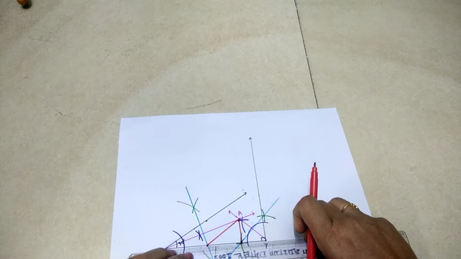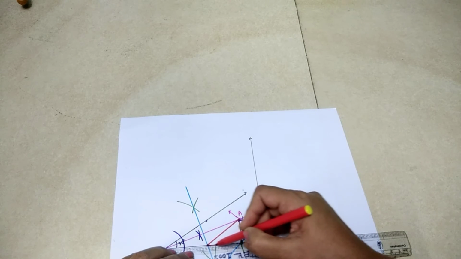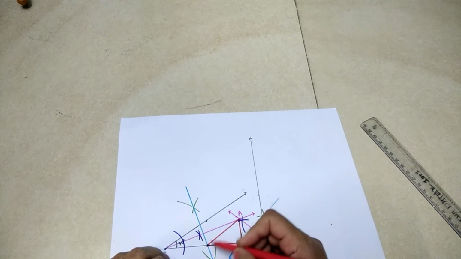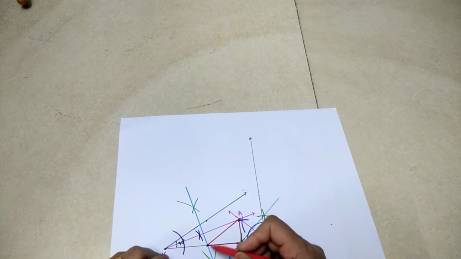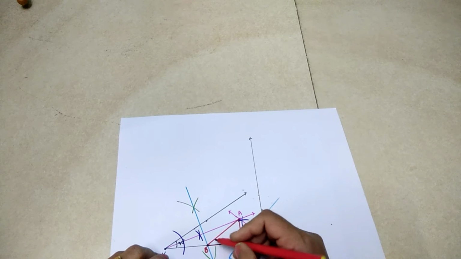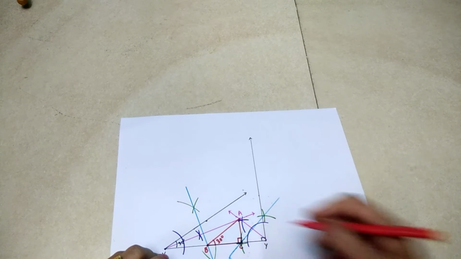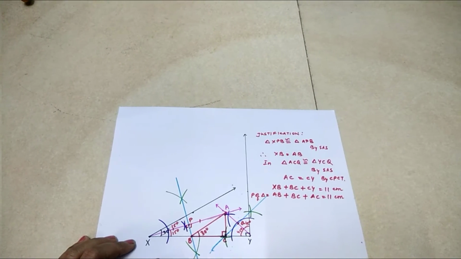I am making the leftover part with red, and this is the required triangle. Triangle ABC is the required triangle. Angle B is 30 degree and angle C is 90 degree.